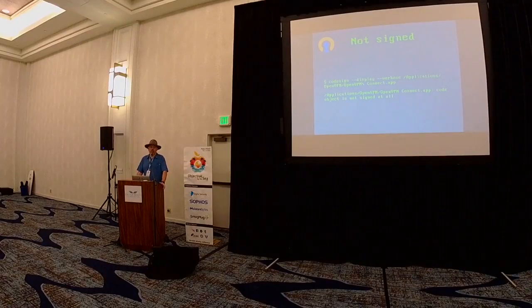You couldn't tell that it had been modified unless you went and downloaded OpenVPN on another system, installed it, and then grabbed all the parts from here and grabbed all the parts from there and then compared them. Nobody's going to actually do that. So this is a problem. You can't verify that application.